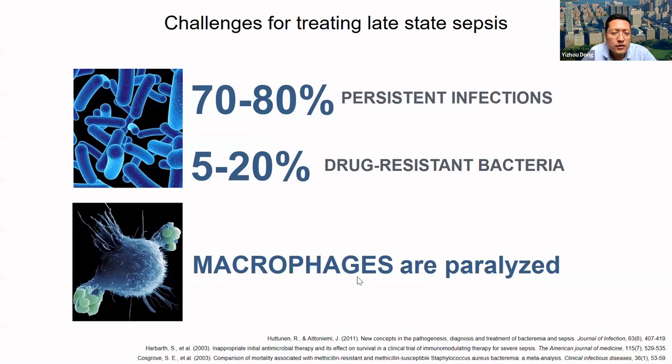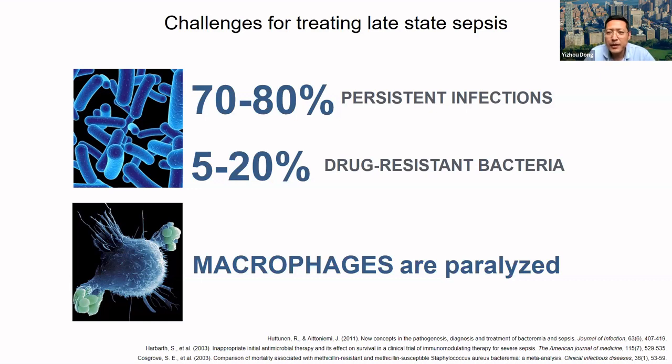This slide shows the challenges for treating sepsis, especially late-stage sepsis. About 70 to 80% of septic deaths are related to persistent infections. More importantly, there are many drug-resistant bacteria, which make the treatment even more challenging.